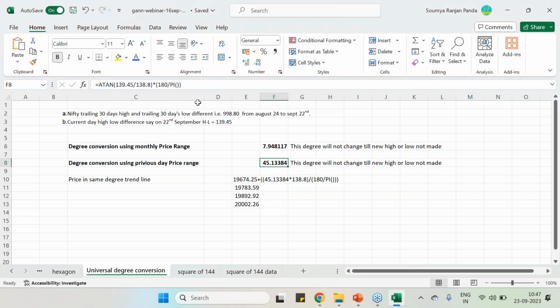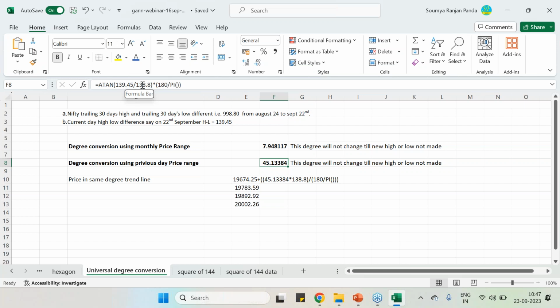So previous day arctan, previous day means 21st September, what is the high minus low difference, and 22nd, what is the high minus low difference. Arctan multiplied with 180 divided by pi, it will give you previous day's basis 45 degree.